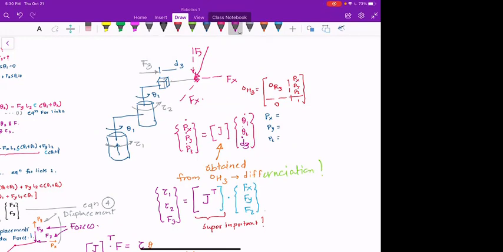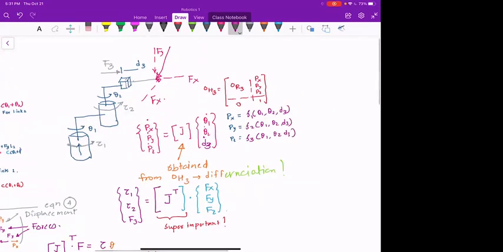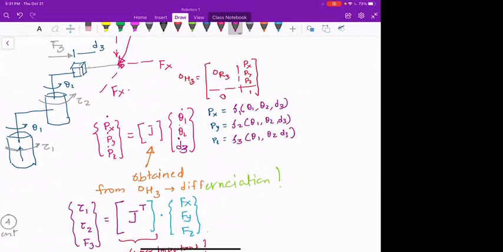So Jacobian would look like, for an example, Px is going to be a function of theta 1, theta 2, and d3. Py is going to be a function of theta 1, theta 2, d3, and Pz is going to be a function of theta 1, theta 2, and d3.